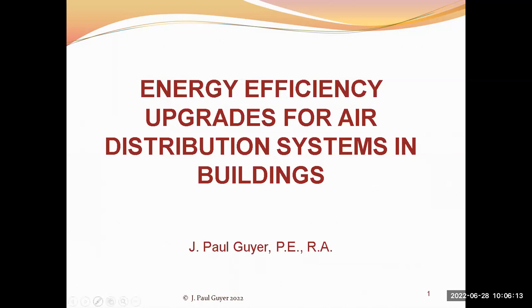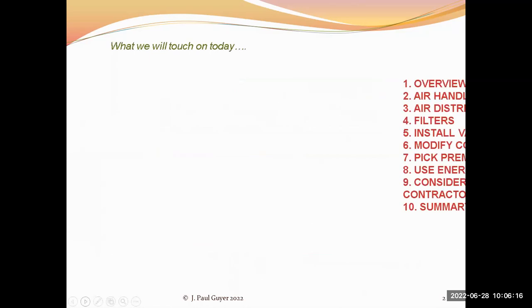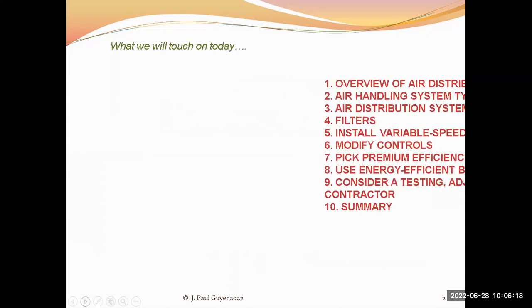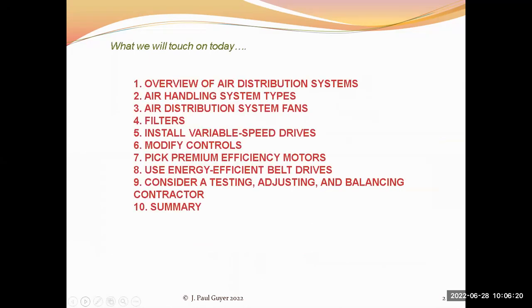Okay, here we go. This is kind of what I'll be touching on today. First, some comments, just an overview of the basic fundamental types of air distribution systems, and the air handling systems, and we'll talk about the air distribution fans.